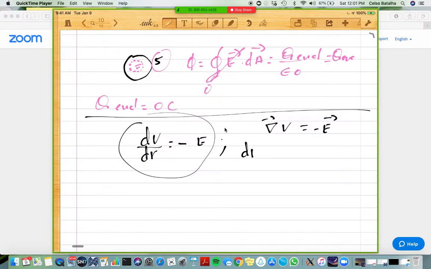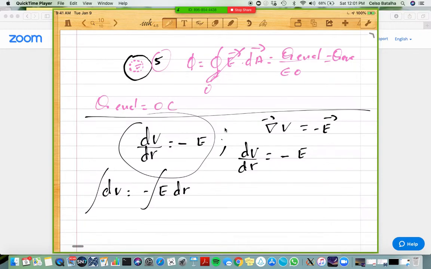So dV/dr is equal to negative E. So dV is equal to negative E dr. And then you integrate that. You integrate from where?